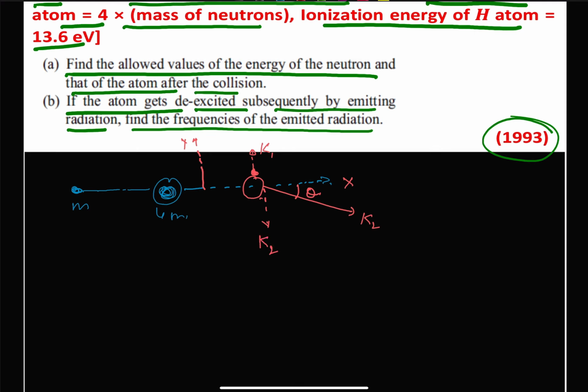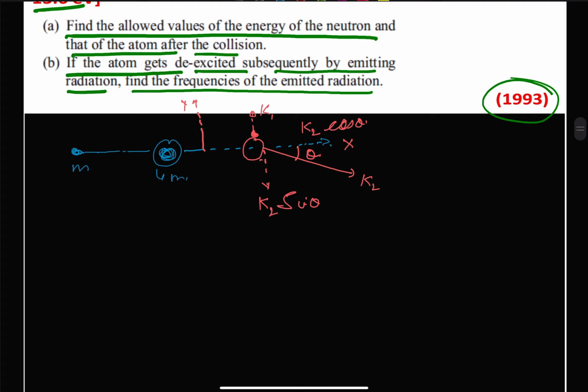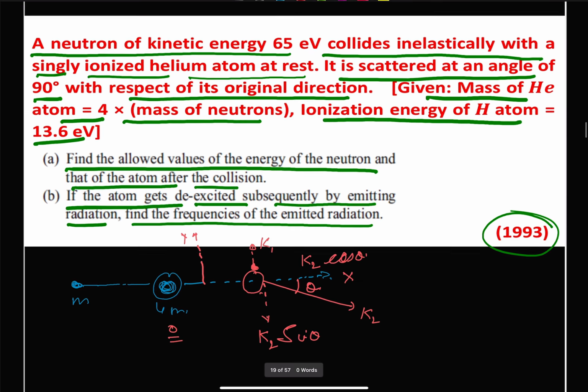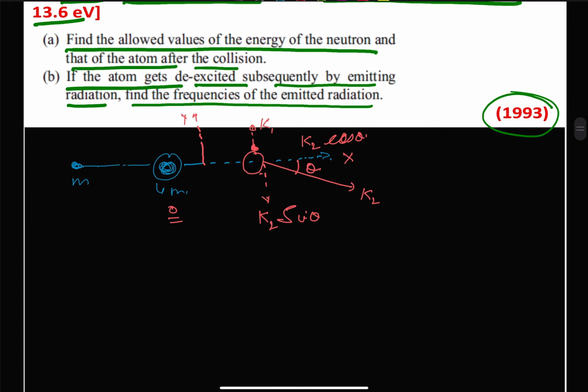This will be K2 sine of theta, and along this axis we are going to get K2 cos of theta. And we are going to use conservation of momentum along x-axis. Initially the helium was stationary, so velocity was 0, and neutron is moving with some kinetic energy. Let us suppose that kinetic energy is K.